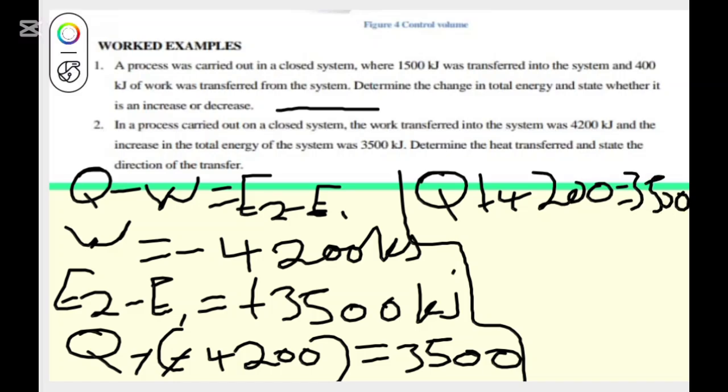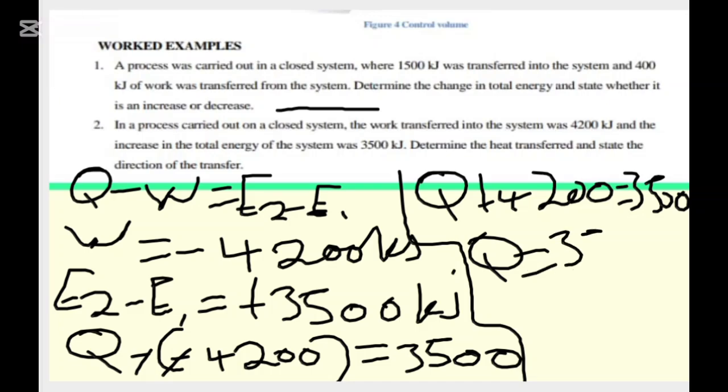The next thing I'm going to do is make Q the subject of the formula. So Q is equal to 3500, which will stay, and the positive 4200 will cross the equal sign and become negative.